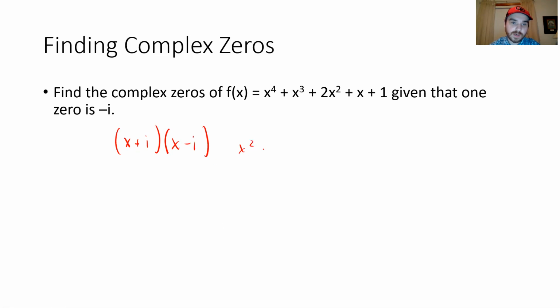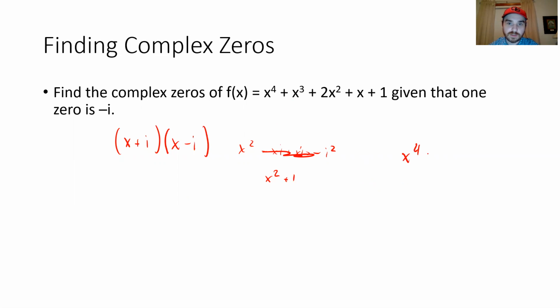Multiply these out: x squared minus xi plus xi minus i squared. This is x squared plus 1. So now that I have x squared plus 1, the way we want to do this next is we're going to actually divide polynomials again.